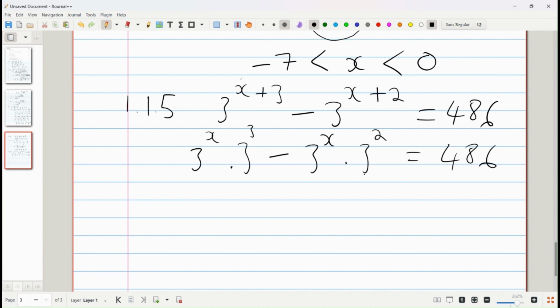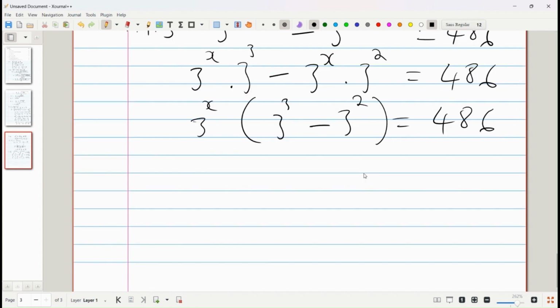A common factor is 3 to the power x, and then here we'll be left with 3 to the power 3 minus 3 to the power 2. So we'll have this equals to 486.